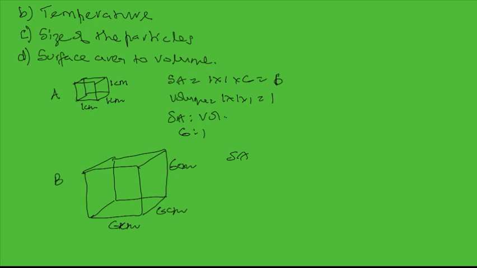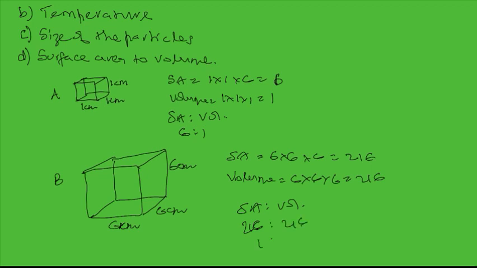This gives us a surface area of 6 times 6 times 6, that gives you 216, and volume of 6 times 6 times 6, giving you 216. Hence, the surface area to volume ratio is 216 to 216, which is equivalent to 1:1. So you see that the surface area to volume ratio of cube A is larger than that of cube B.